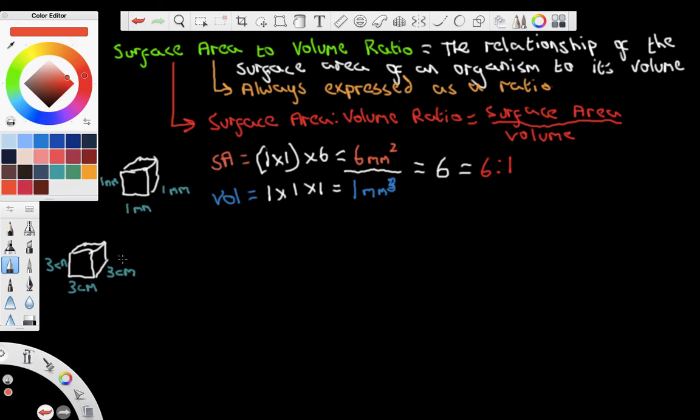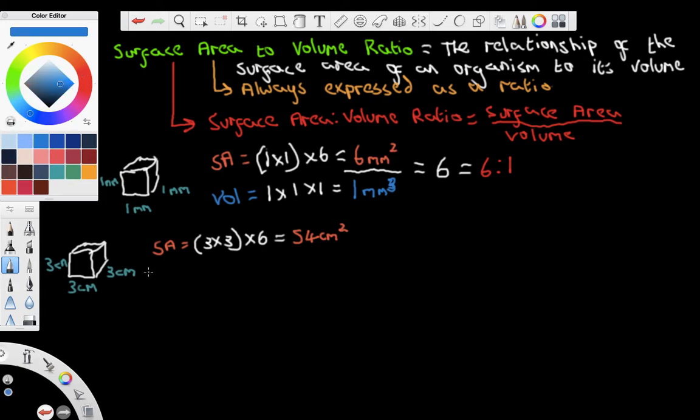So our surface area is equal to 3 times 3 in brackets times 6, which gives us our surface area of 54 centimetres squared, okay?